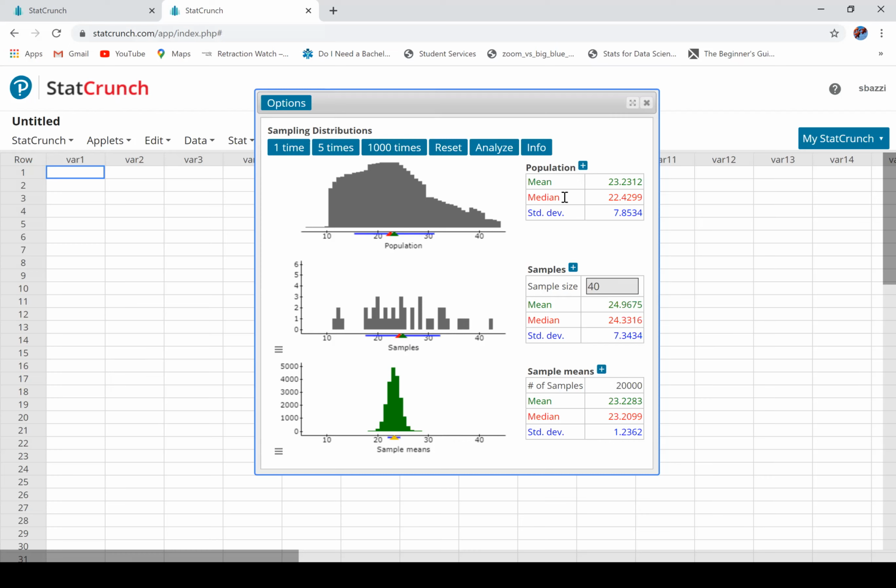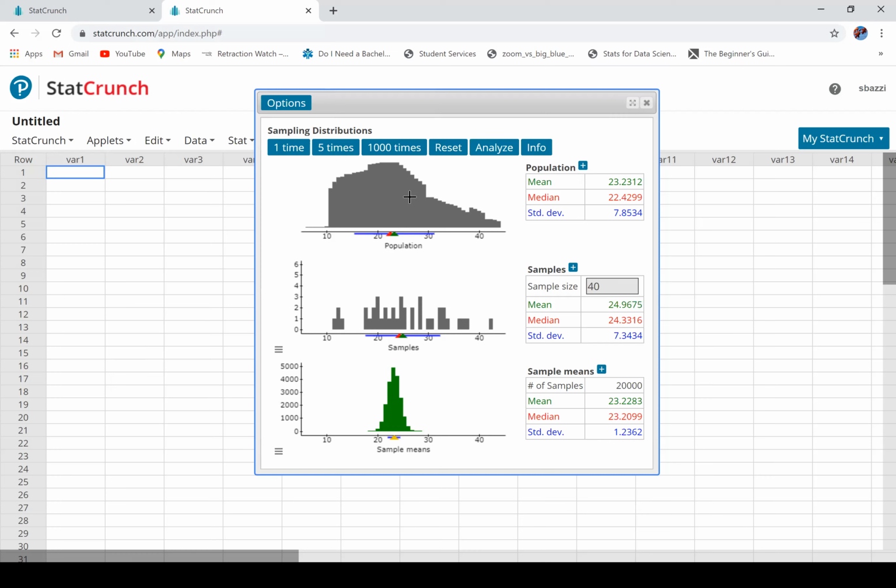Okay, what do you observe, guys? Even if the population is not bell-shaped, it's skewed to the right, it has a mean of 23.23. Do you guys agree with me? If you round the mean of the sample means to the nearest two decimal places, it's going to give you 23.23. Look at it right there. Also, look, the shape is normal, it's bell-shaped.